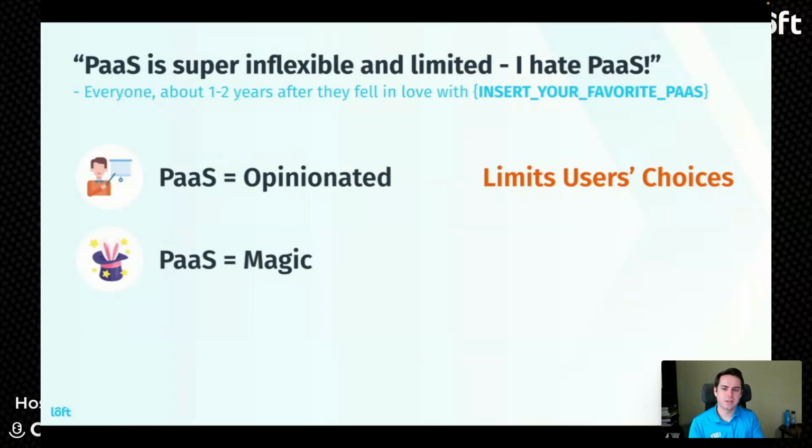PaaS is also a lot of magic, which obviously solves a lot of problems initially because the magic does things under the hood, so you don't have to invent them, think about them, configure them, right? And that's great. But having magic also really obstructs debugging.